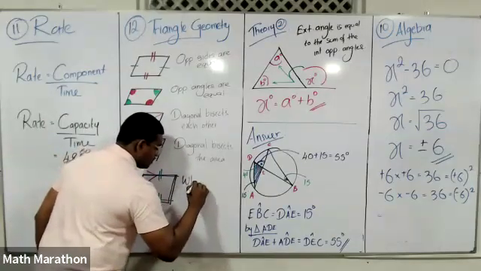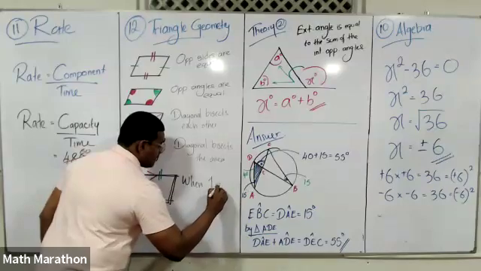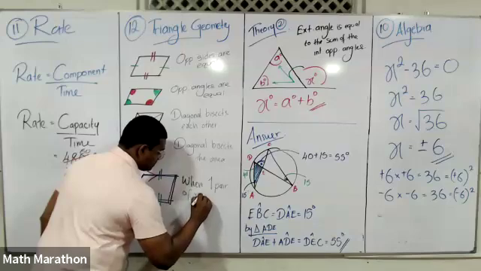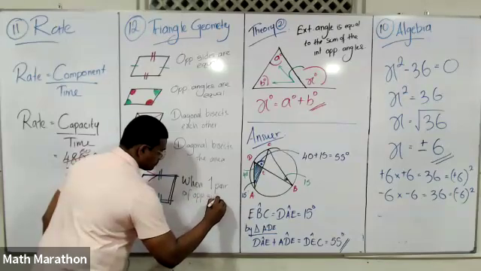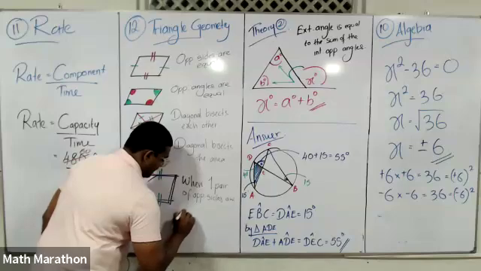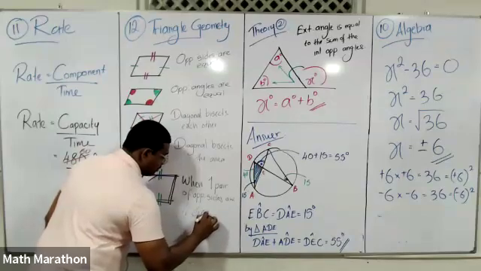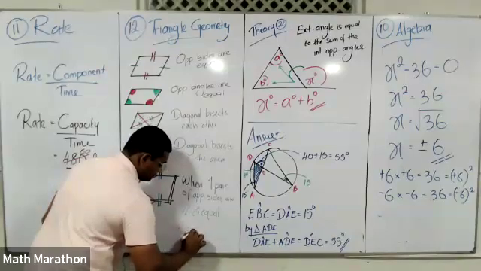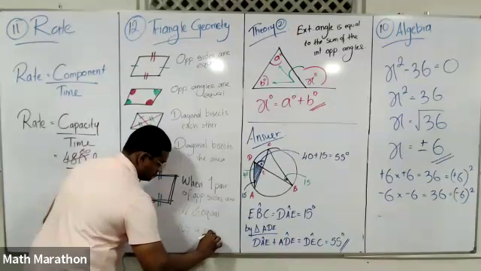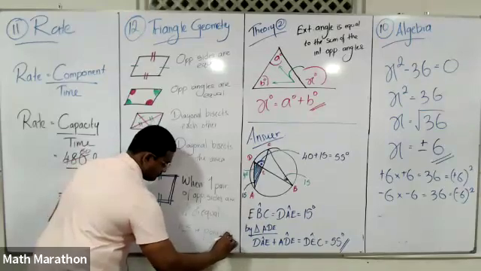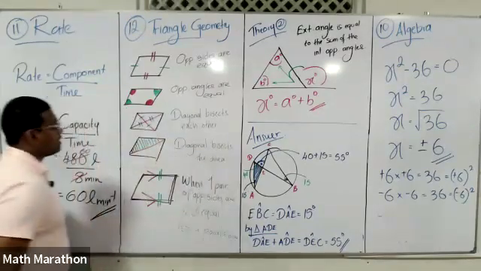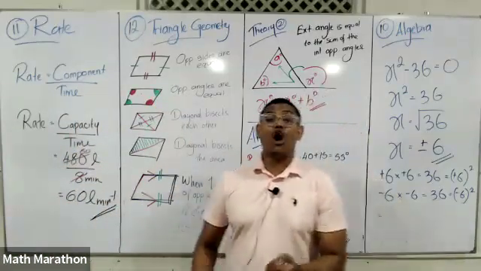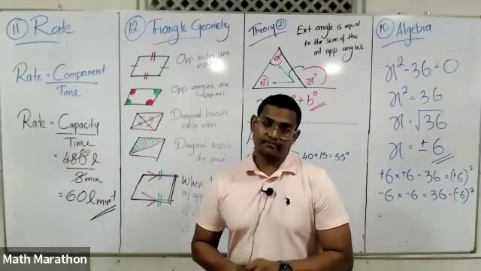When one pair of opposite sides are parallel and equal, it's a parallelogram. When one pair of opposite sides are parallel and equal, it's called a parallelogram.